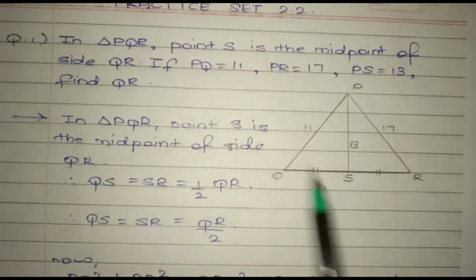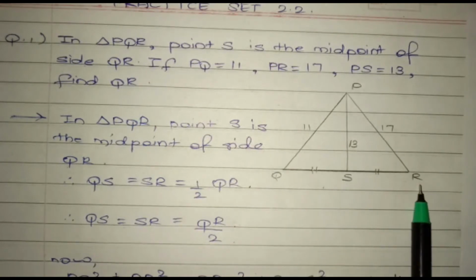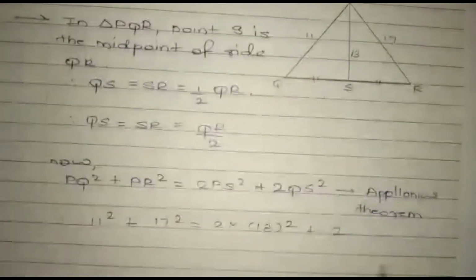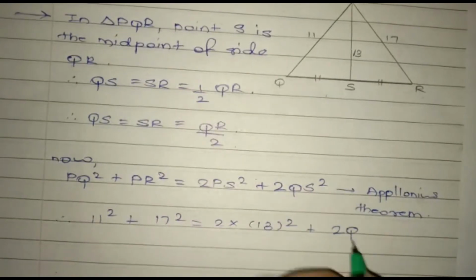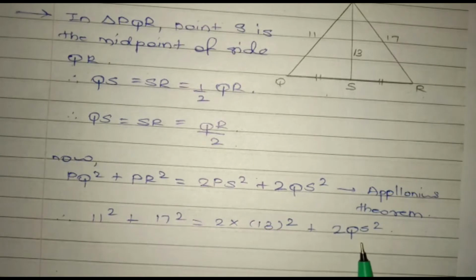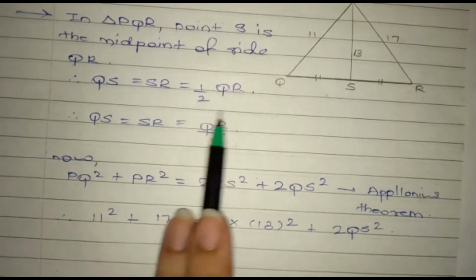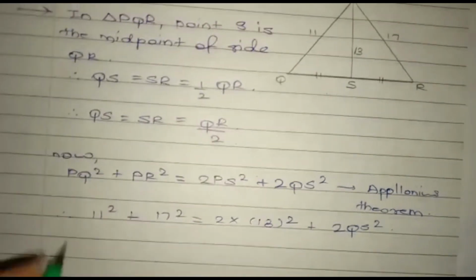Now we have to find out the length of QR and QS is half of QR. We will write QS as it is. We will find the length of QS and then we will multiply it by 2 so that we get the length of QR.